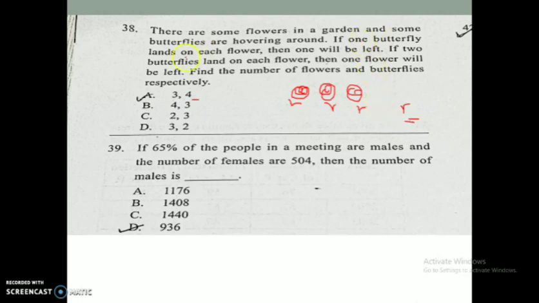It's correct. Let's see the second statement. If 2 butterflies land on each flower, then one flower will be left. Yes, it is also correct. Then the correct option is option A.